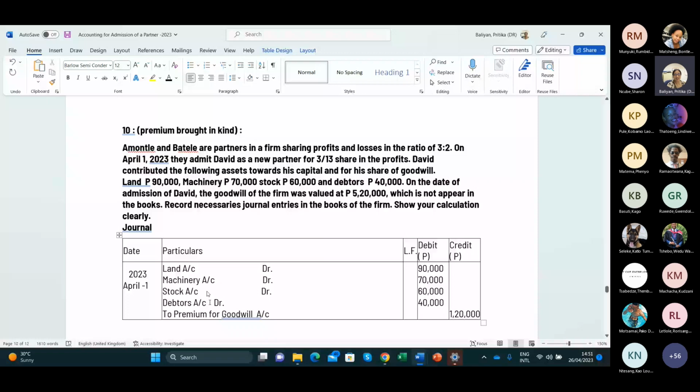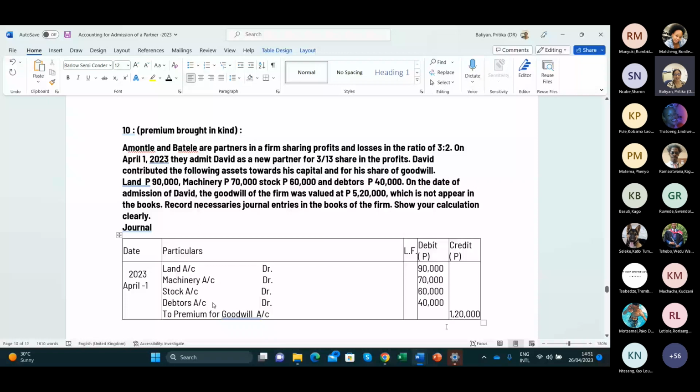You write the amounts on the debit side: land 90, machinery 70, stock 60, debtors 40, and goodwill as a premium.